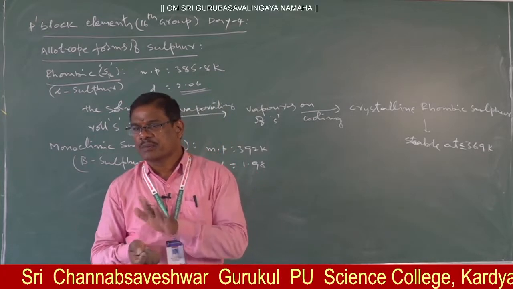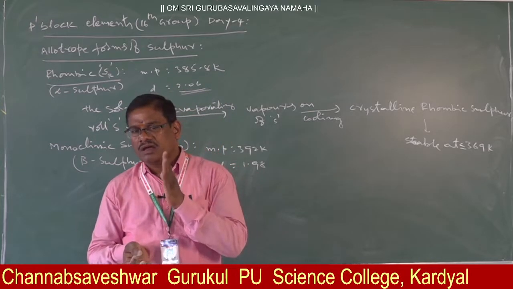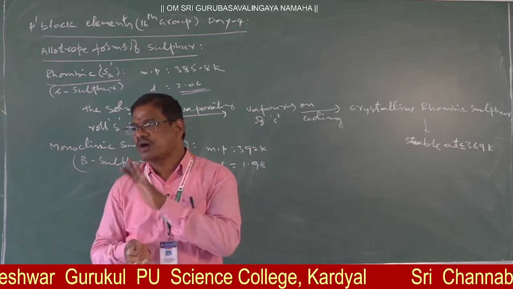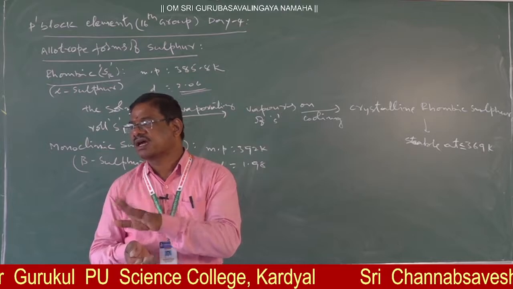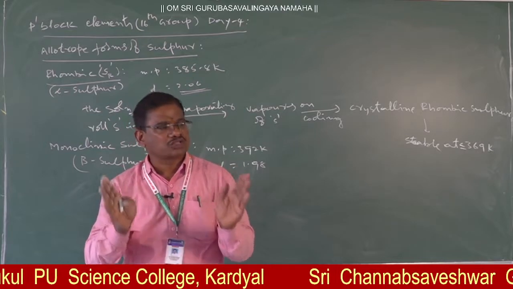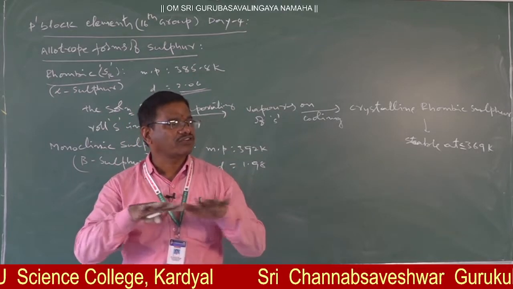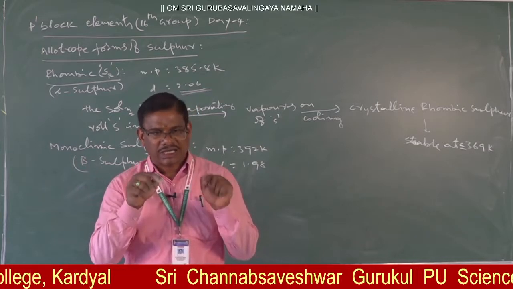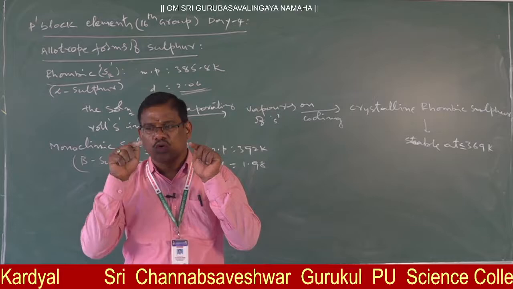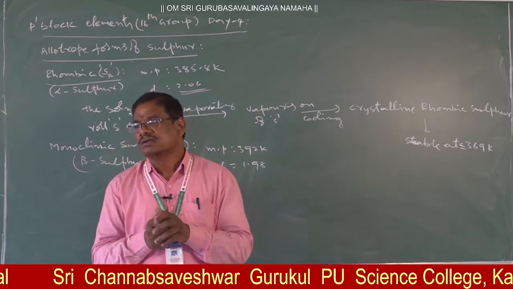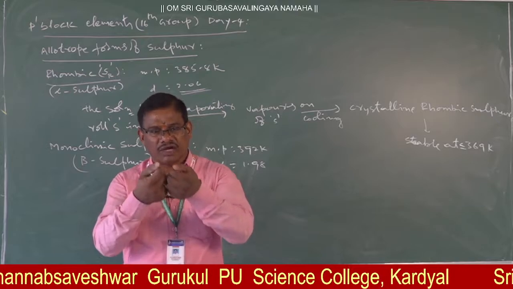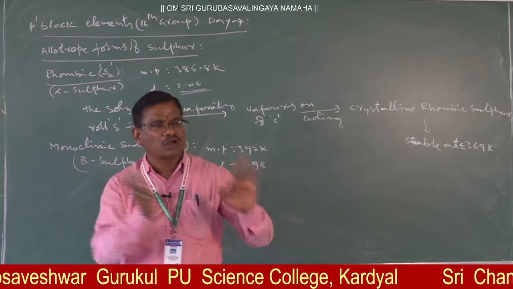Monoclinic sulfur can be prepared when the melt of the rhombic sulfur is taken in a dish and allowed to stay some time. On the surface some crust is going to form, right? Then through that crust, 2 holes we have to make, and through those holes the molten liquid will come up and is allowed to stay.